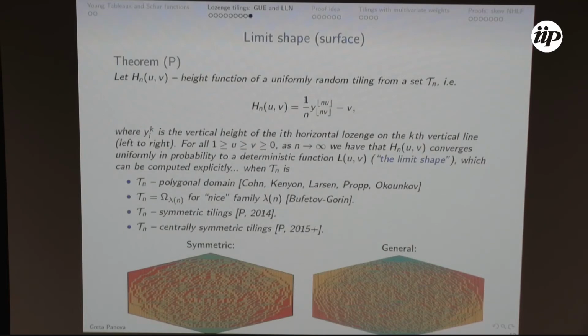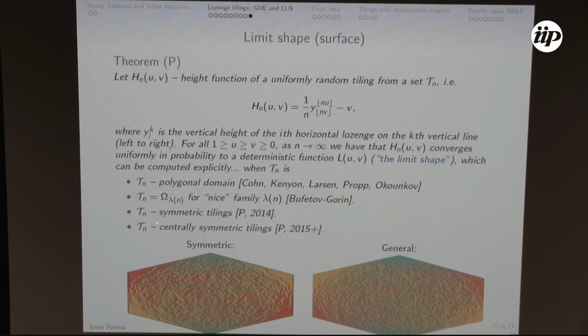One can prove this for various domains. Originally it was proven for the hexagon, then any polygonal domain. Then one can do this for a nice family lambda of this type of trapezoidal domain, with lambda parameterizing the right border.